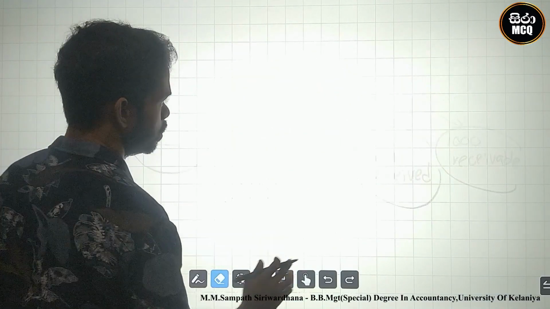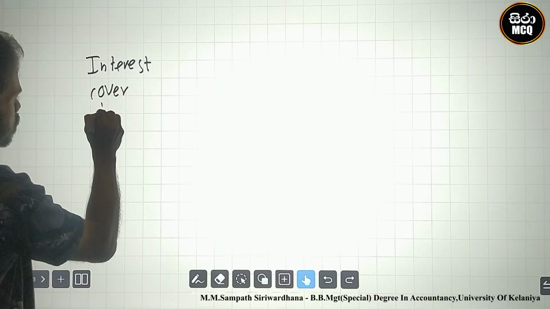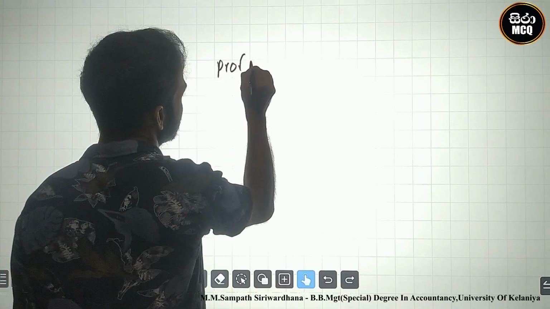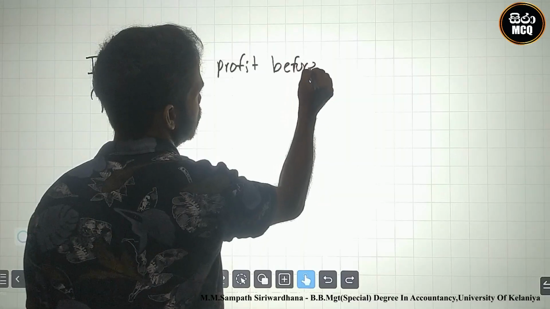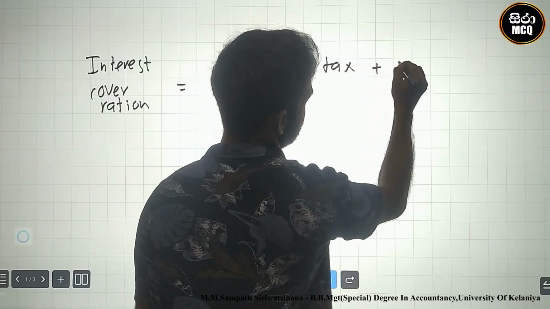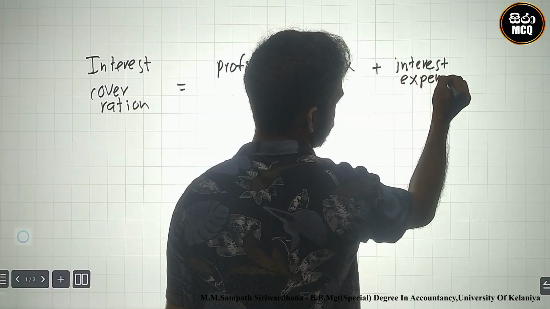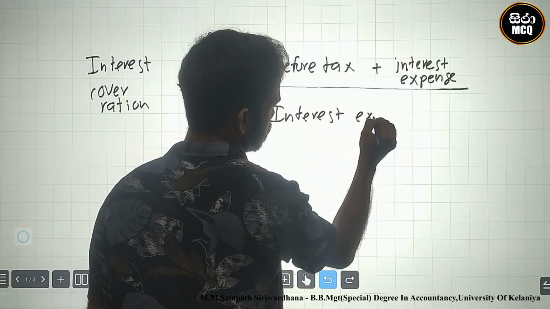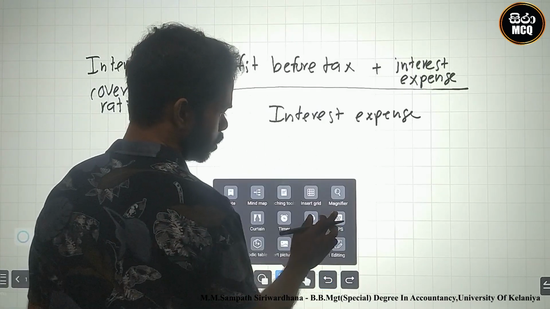Interest cover ratio. How can we calculate the interest cover ratio? It is profit before tax plus interest expense, divided by interest expense. Profit before tax we must identify.